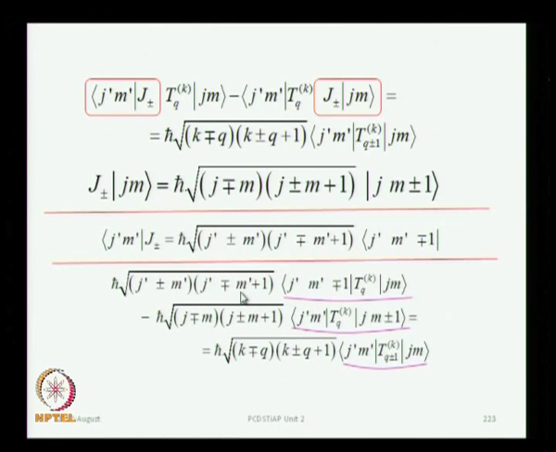You remember how we got them, and then what you are left with are one term coming from here, second coming from here. So, this is the matrix element of TKQ, which is this operator. So, there are two of these on the left hand side and one of this on the right hand side, whose index is different.